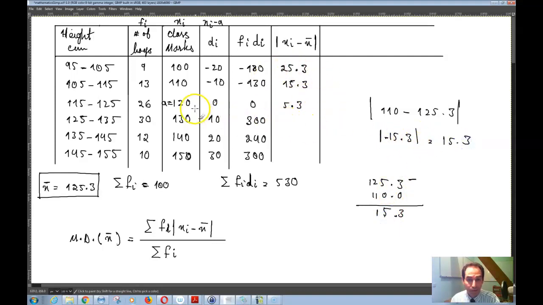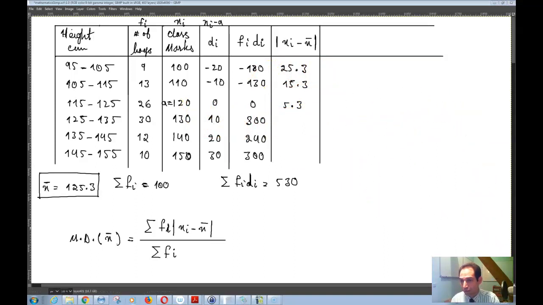This is correct. Now, again, if you have the absolute value of 120 minus 125.3, that will give you negative 5.3, which is 5.3, this number over here.